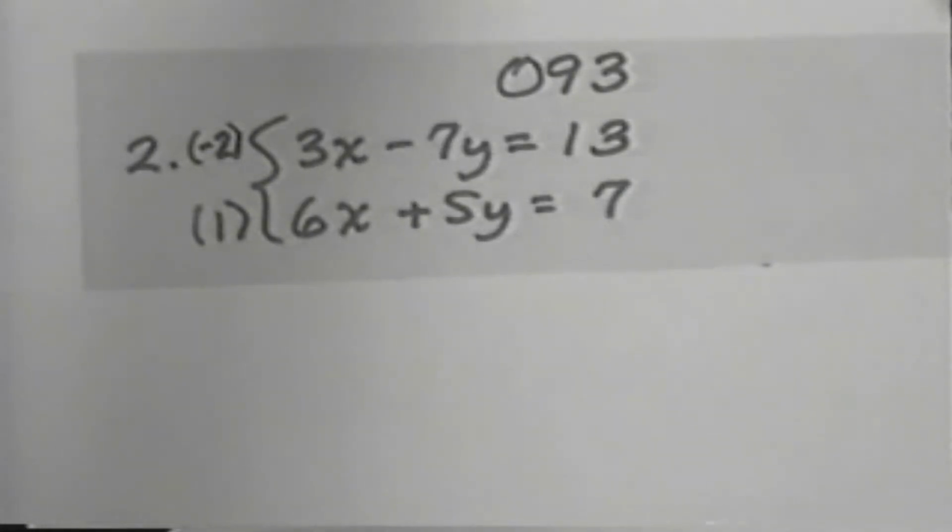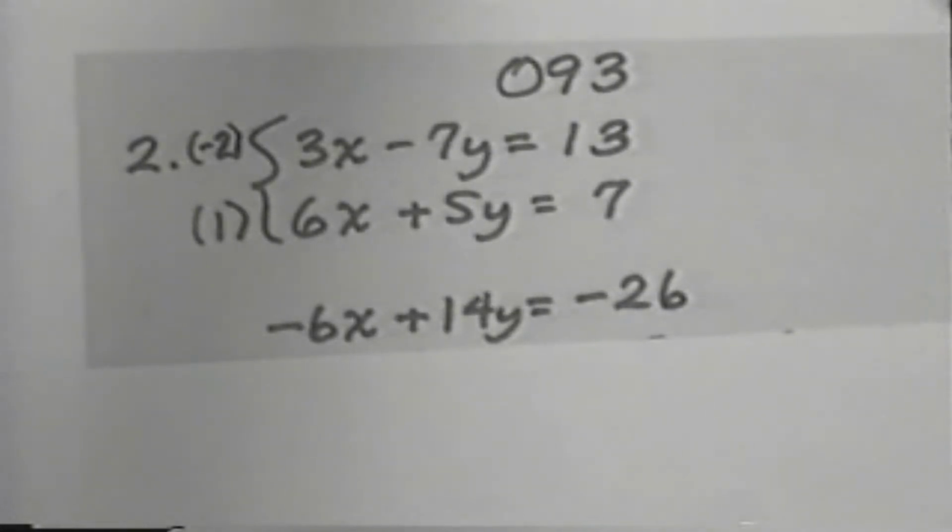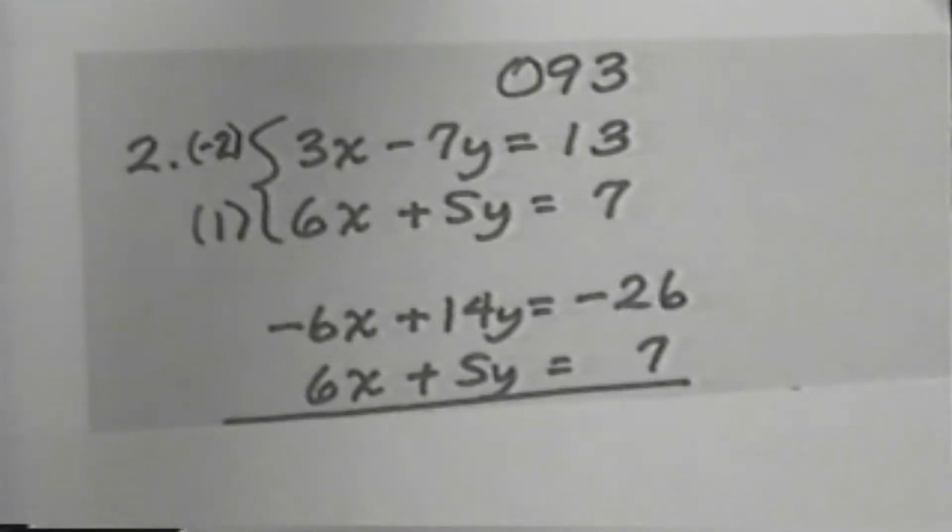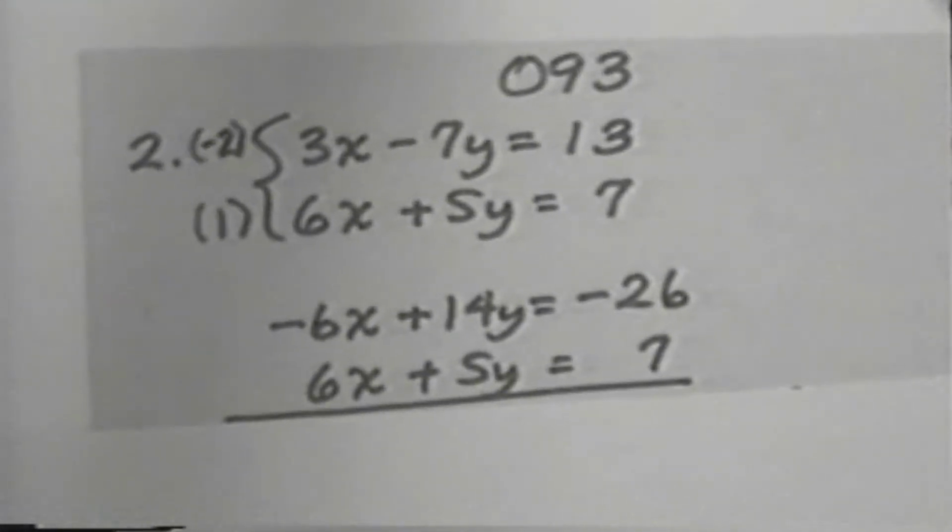That means I must multiply the first equation by negative 2. And so we multiply negative 2 times the first equation, and we get negative 6x plus 14y equals negative 26. For the next equation, 1 times the equation is simply as it is, copied.